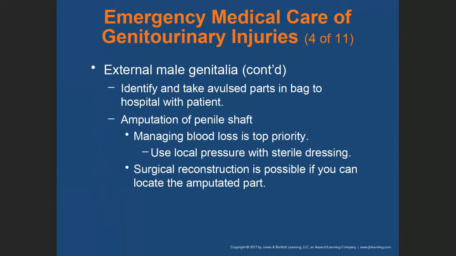Amputation of the penile shaft is possible. Managing blood loss is the top priority. Use local pressure with a sterile dressing. Surgical reconstruction is possible if you can locate the amputated part.